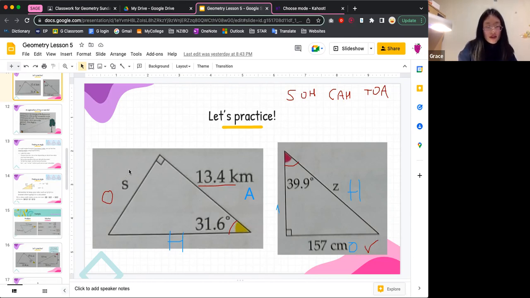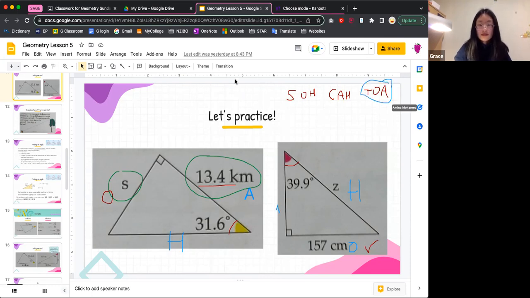Okay, so now we've got these two sides involved. We want to find the opposite side, and we know the adjacent side. So looking at our SOHCAHTOA, should we use sine, cosine, or tangent over here? Yes, perfect, so tangent.